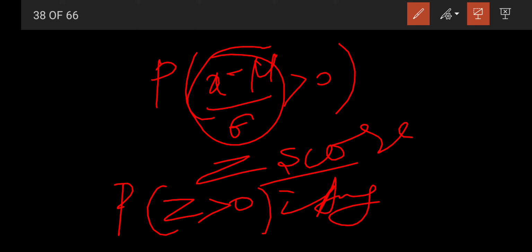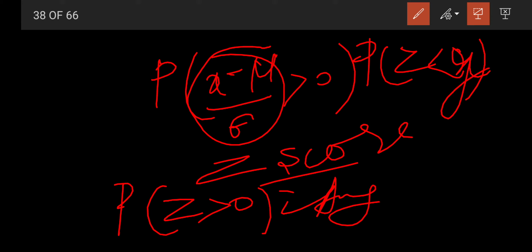Now, we get a z table, a z score table, where the probability is given for every z score, right? But there is a catch: in that table the probability of z less than x is given, not greater than x. So how do we find this?